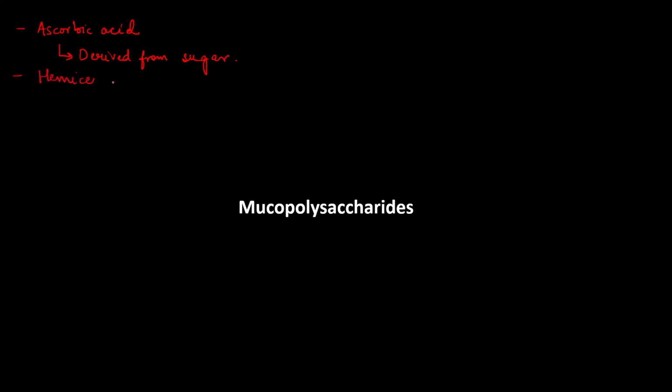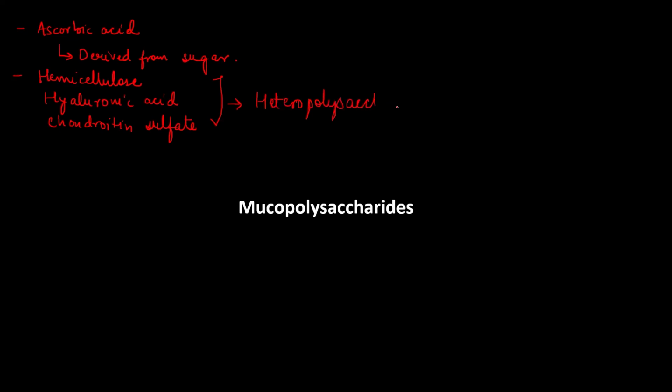We need not study this in detail, but just for the name, what are the heteropolysaccharide examples. So hemicellulose, hyaluronic acid. These are all polysaccharides, but the difference is that these are heteropolysaccharides. Chondroitin sulfate. So these are heteropolysaccharides.